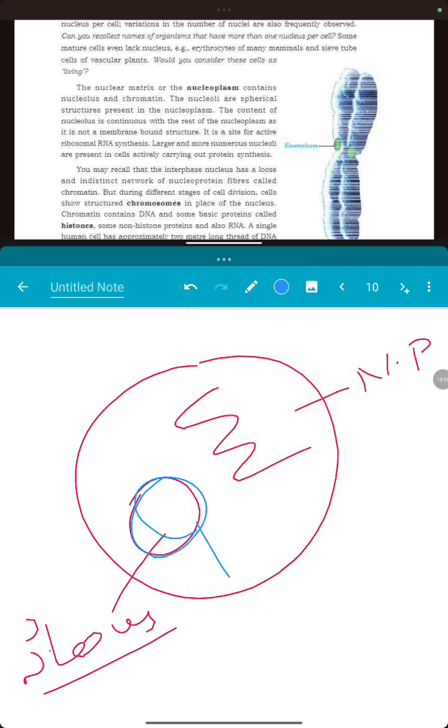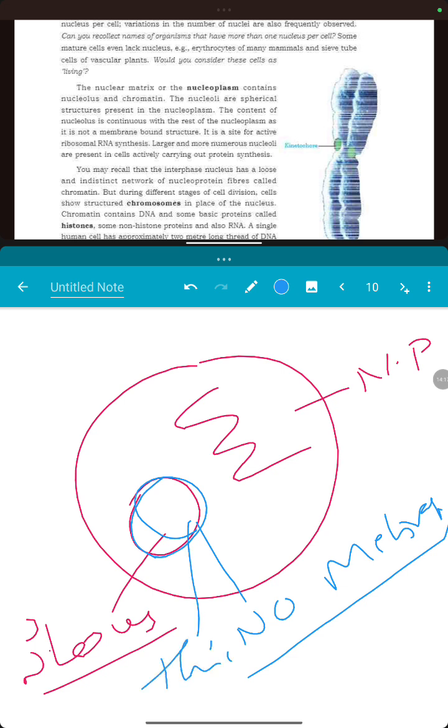This one has no membrane, it was just thickly stained and visible for us.